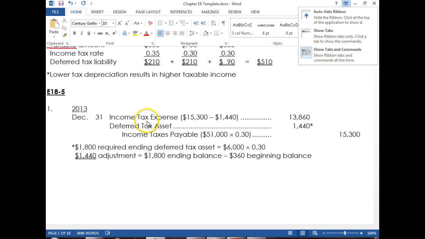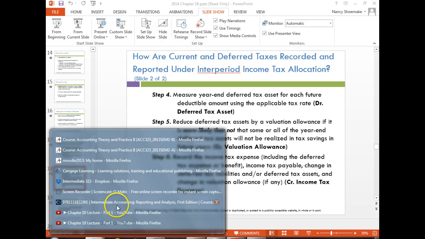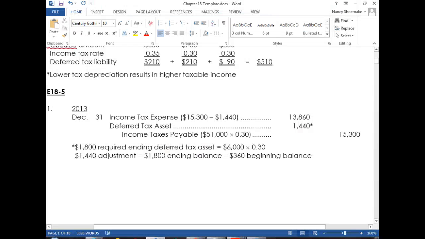We also then have to show our income taxes payable, because I think they told us what our income taxes were, didn't they? Our taxable income was $51,000, right? During 2013, Pito earned taxable income of $51,000. So we're going to show income taxes payable of $51,000 times the rate of 30%, or $15,300.